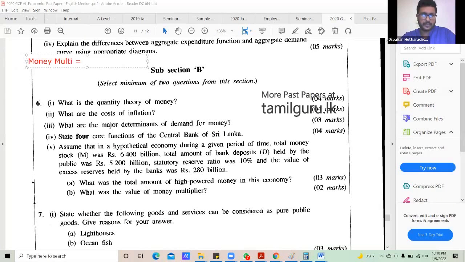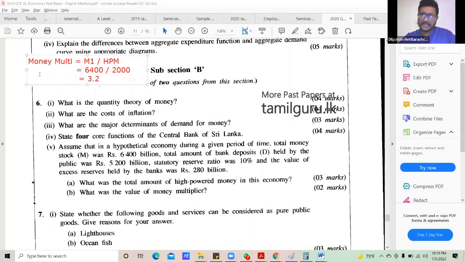Money multiplier equals M1 money supply divided by high powered money. So you have to remember these equations, otherwise it's difficult. M1 money supply, how much? 6,400. High powered money, how much? 2,000. Answer: 6,400 divided by 2,000. Answer is 3.2.